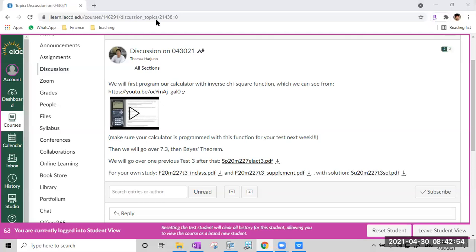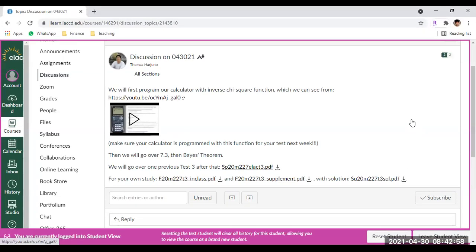So I assume at this point that you have already programmed your calculator, and please do so. Now, if you are using your computer, the emulator, please do not clear your memory. I have a program on my computer that clears the memory of this calculator.